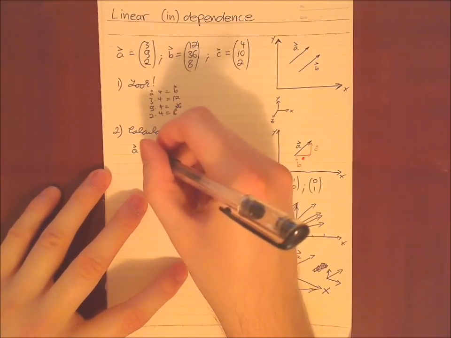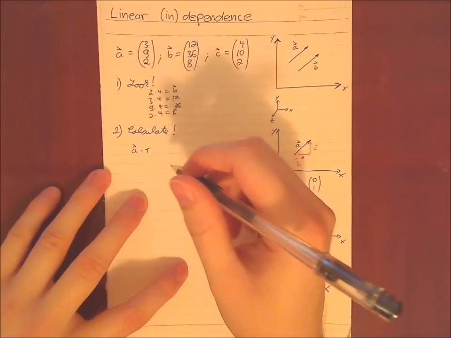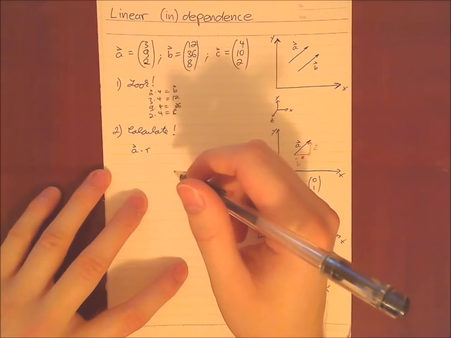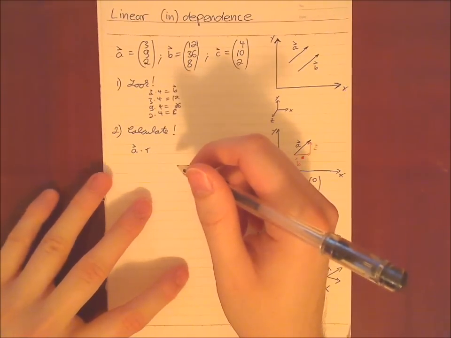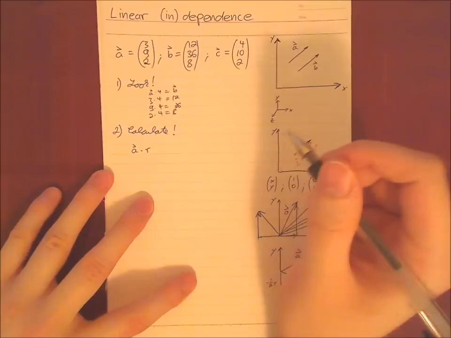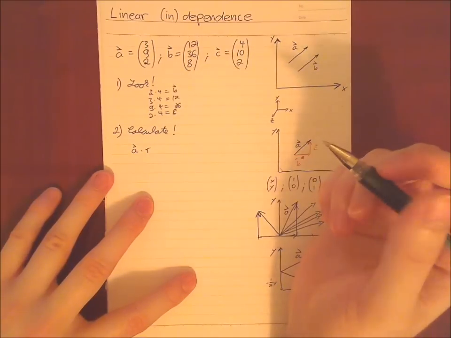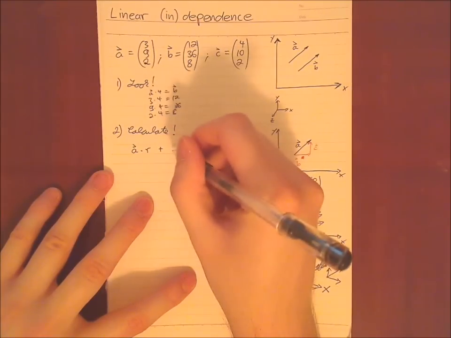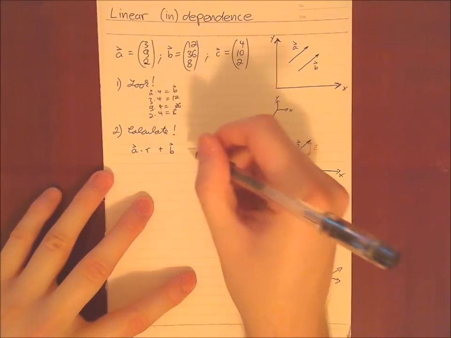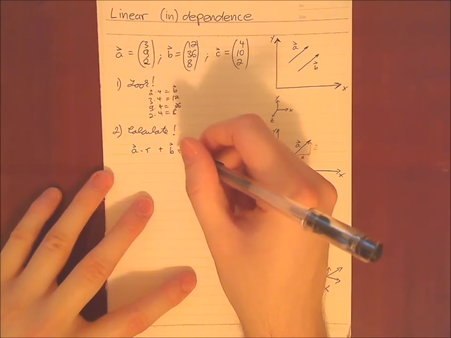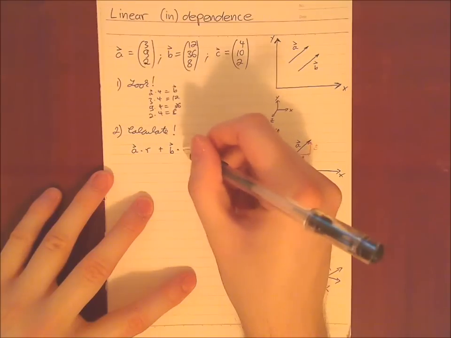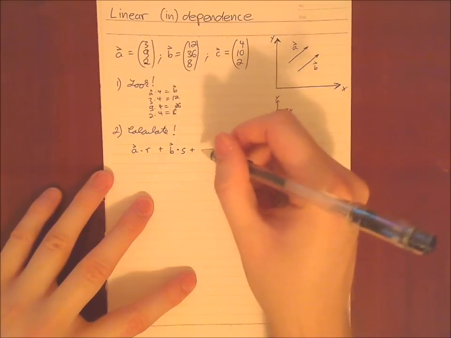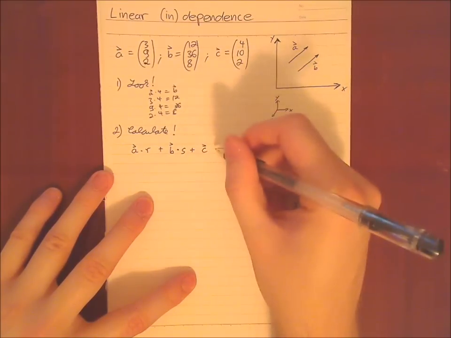And this works the following. We take all three vectors and try to create the zero vector, or create 0, and then we can show: if there is no other solution, then all of the factors are 0, which is called the trivial solution.